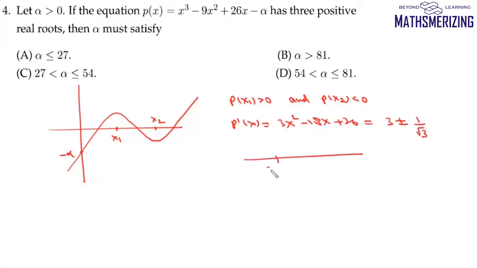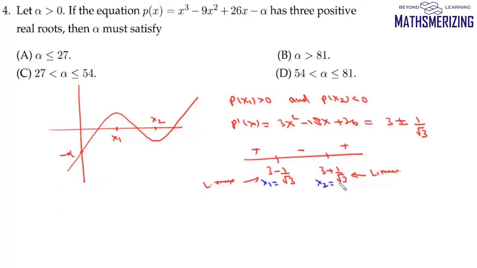So this is 3 minus 1 by root 3 and this is 3 plus 1 by root 3. So this is plus, minus and plus. So there is a local maxima at this value and there will be a local minima at this point. So we'll take this as x1 and we'll take this as x2.